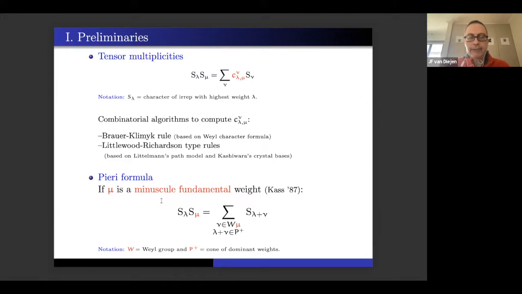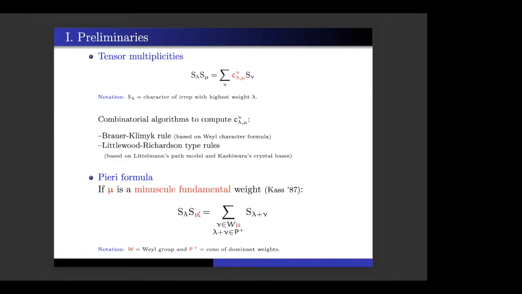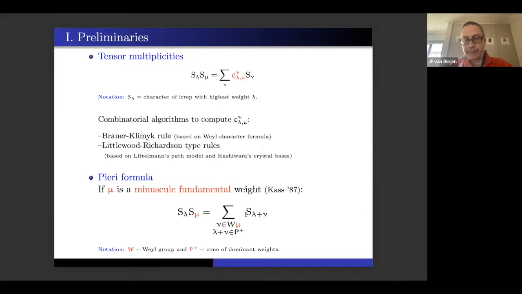Well, if the fundamental weight is minuscule, it means that the weight is minimal in the dominance order. Then actually the Klimyk rule or the Littlewood-Richardson rule become very simple, and they give rise to this type of expansion. So if mu is a minuscule fundamental weight, then this product just expands in this way.